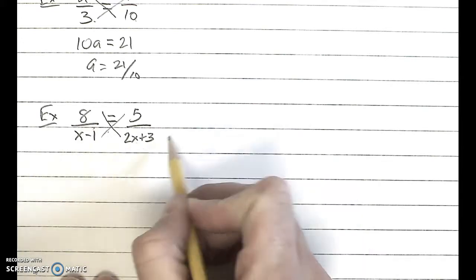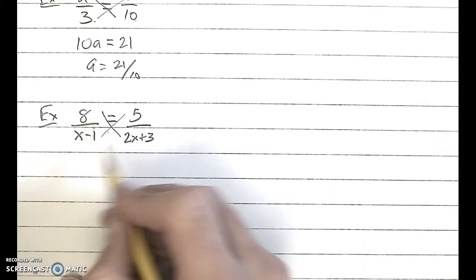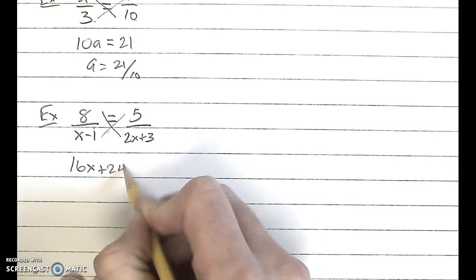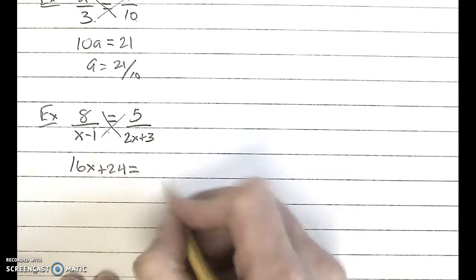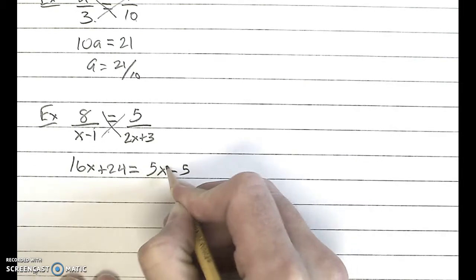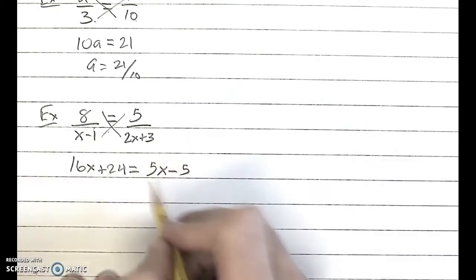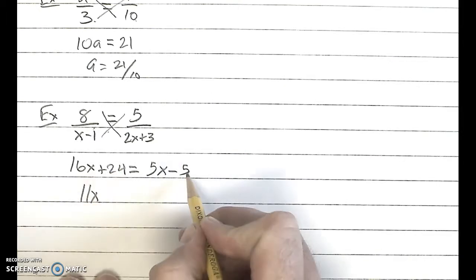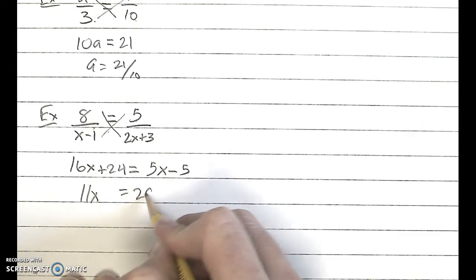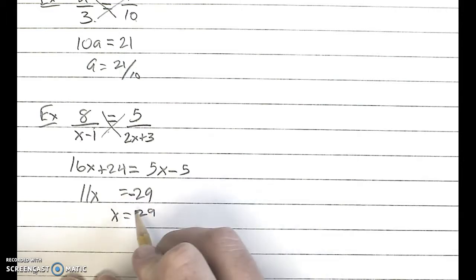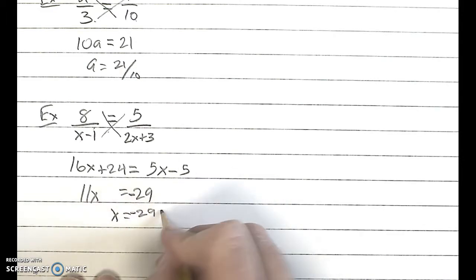So 8 times 2x plus 3: 8 times 2x is 16x, 8 times 3 is plus 24. That is equal to 5 times x minus 1, so 5x minus 5. Now we solve from there. We'd subtract 5x from both sides, and subtract 24 over to this side. We'd get 11x equals negative 29, so x is negative 29 over 11.